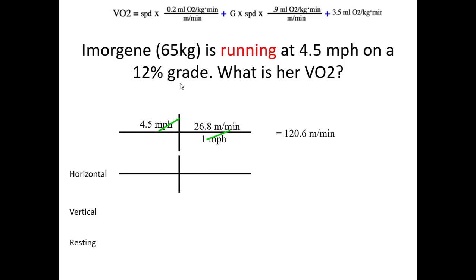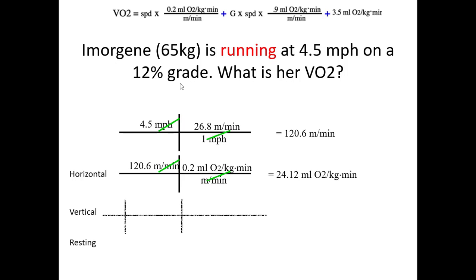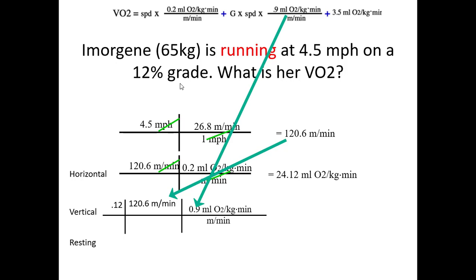Put this speed in. The constant for running is 0.2, so 24.12 milliliters per kilogram per minute. And the vertical part is grade times speed times 0.9. The grade is 12%, so the decimal number is 0.12, the speed is 120.6, and the constant is 0.9.